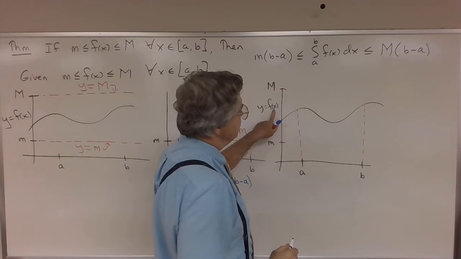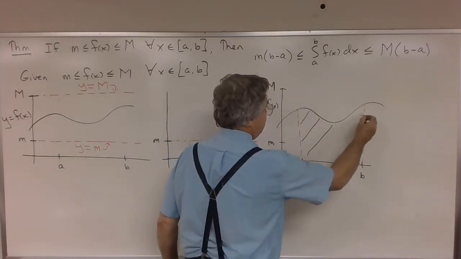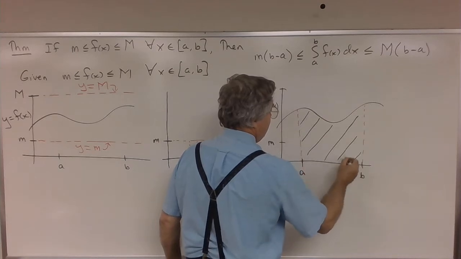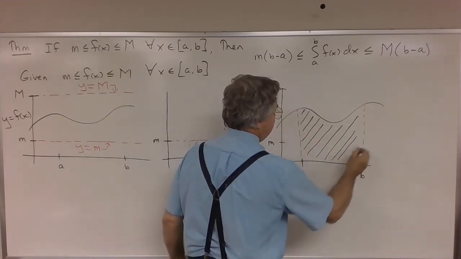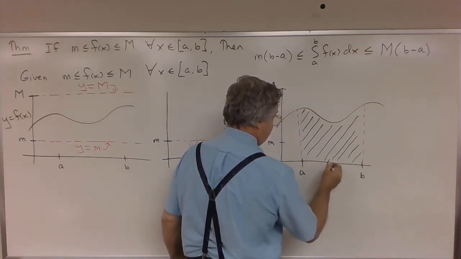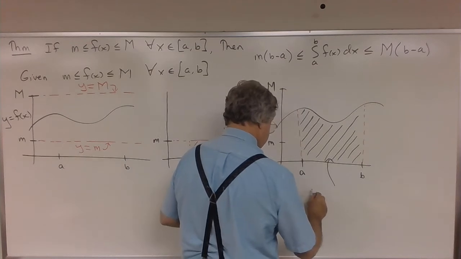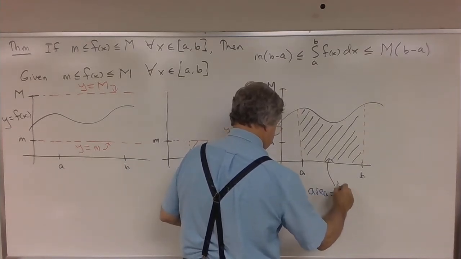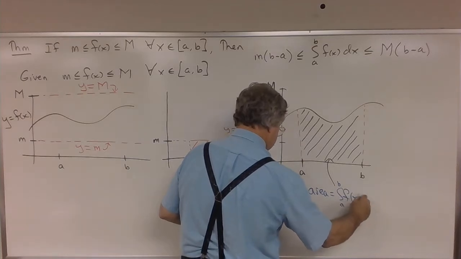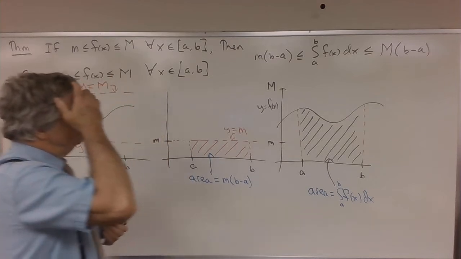And if f is non-negative, the definite integral of f is just the area bounded by the graph of f of x and the x-axis. So that area is just the integral.